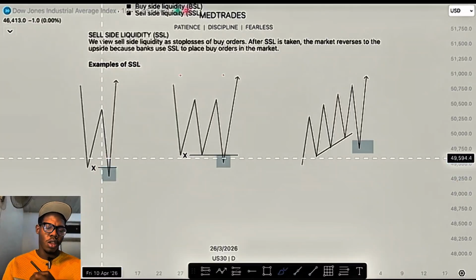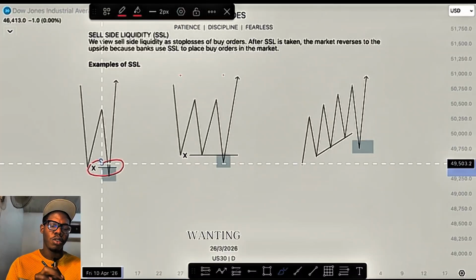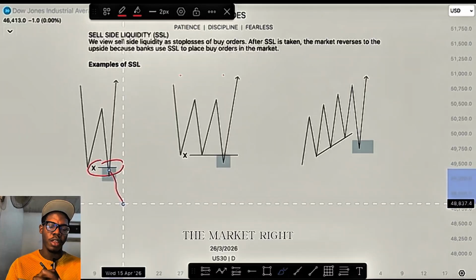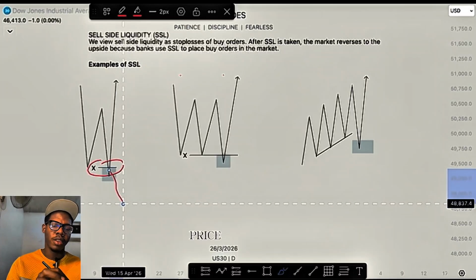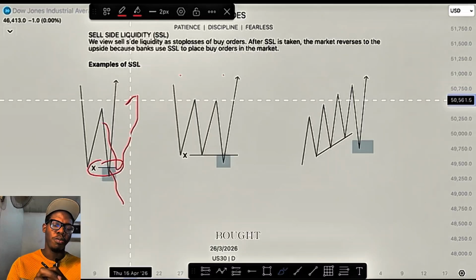Maybe sellers are around this level wanting to sell the market, right? So what did price do? Price came into this zone here and took them out and bought.